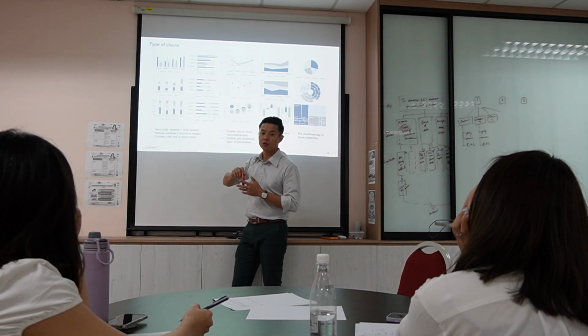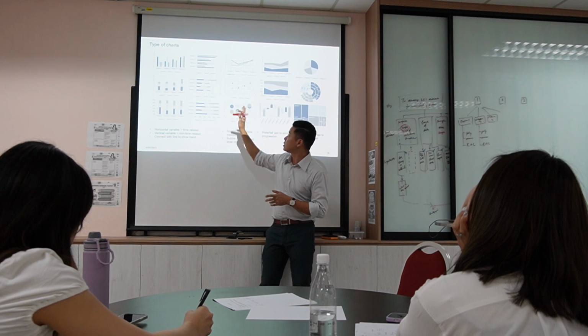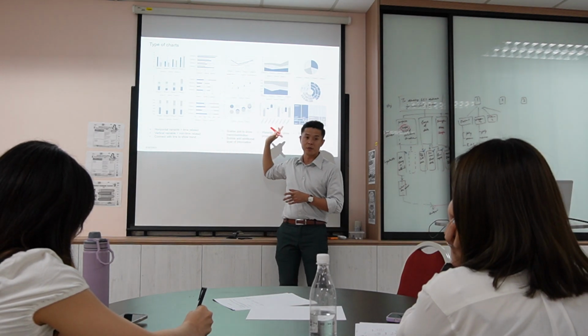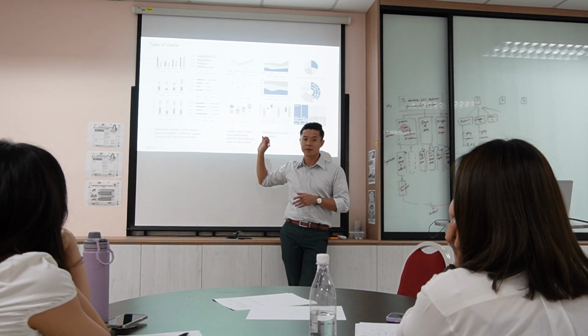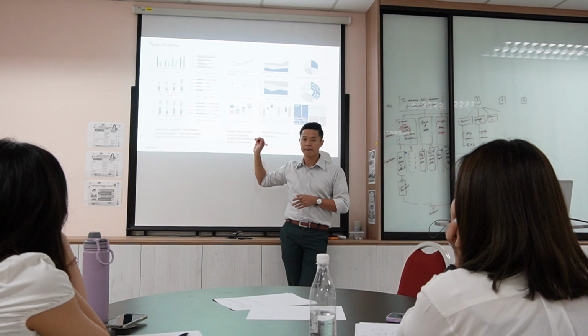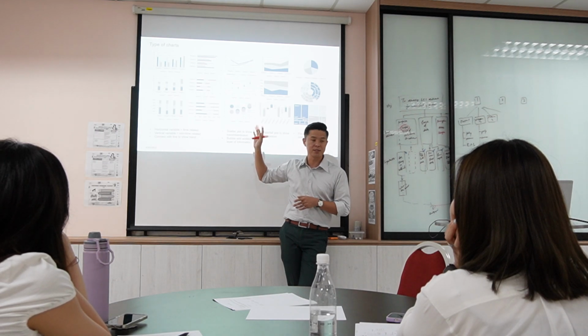But I'm not sure if you know this. When you read, let's say I show a slide in front of you, what would be the first thing that you tend to look at?